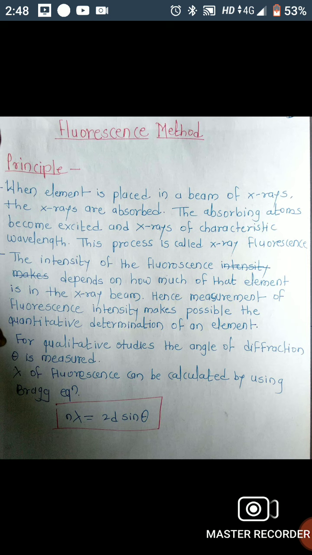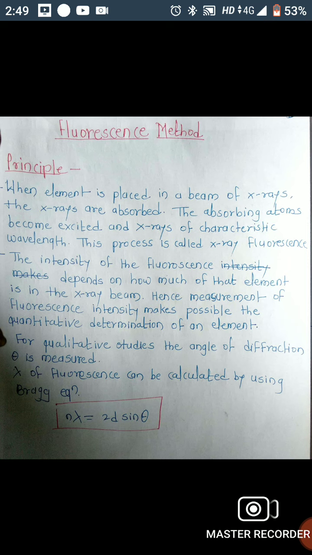At the higher energy level, these excited electrons are unstable and they come back towards the ground state. When they come into the ground state, they emit some radiations. Their wavelength is longer compared to the incident radiation, and such radiations are called fluorescence radiation.